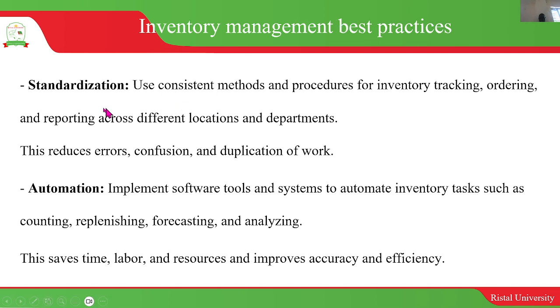So if we already have a standardized way of inventory management, meaning there's a central point with a central pathway that we can always streamline and rely on, there is better tracking, better ordering, and better reporting across different locations or departments.